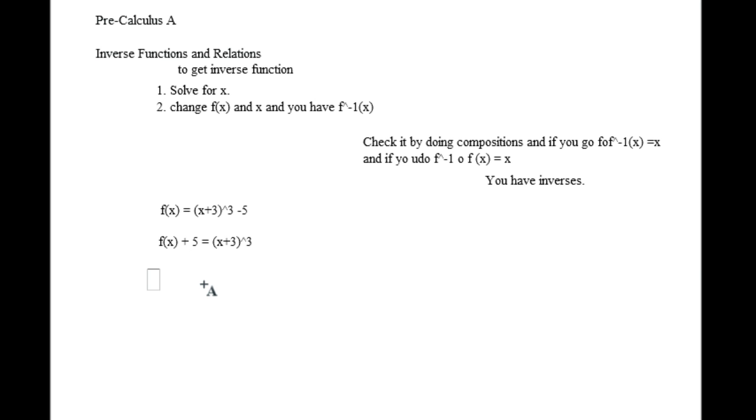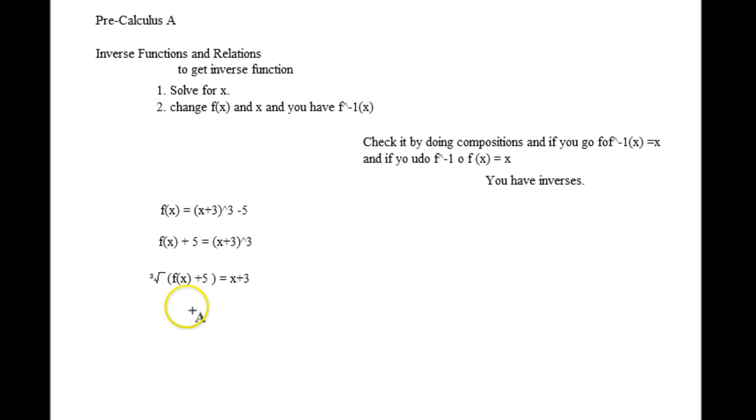Cube root, do I have it? No, I don't. Shoot. Well, I do: Alt 0179, Alt 251, cube root of f of x plus 5 equals x plus 3.